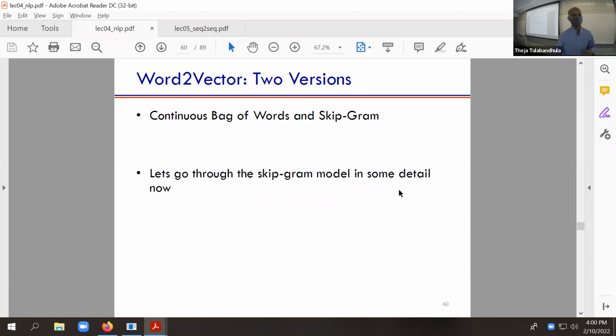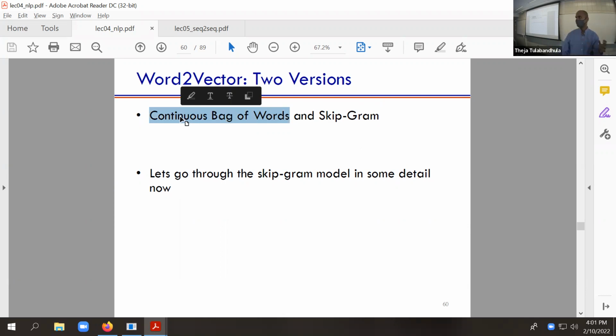As I mentioned a couple of minutes ago, the original word2vec researchers developed two different prediction tasks. The one we're going to look at is called the skip-gram prediction task, and we'll talk about what is meant by skip and gram. The illustrative example I showed earlier is the other version, called continuous bag of words.